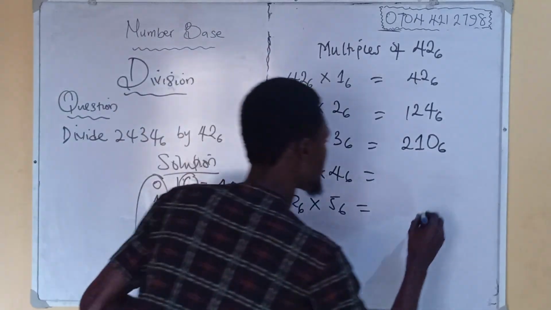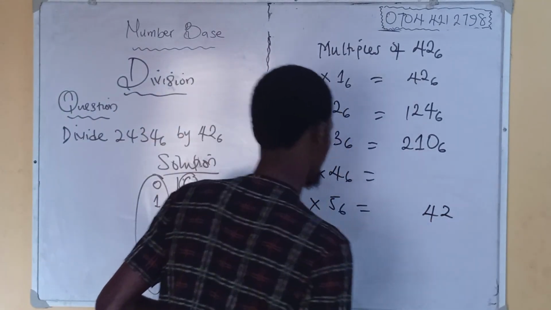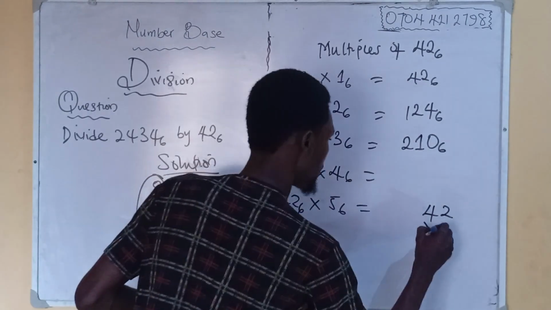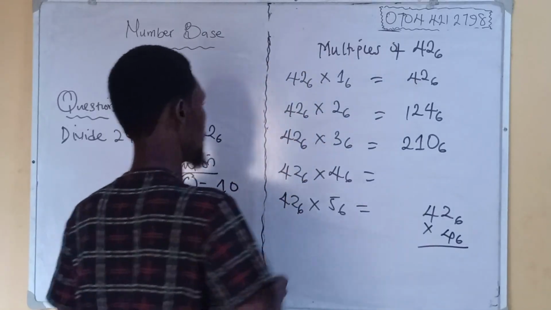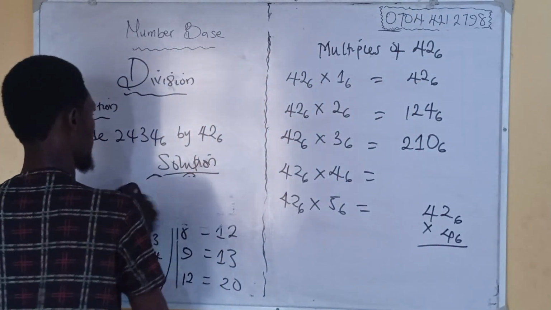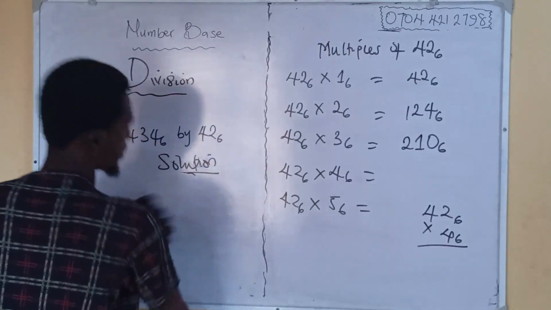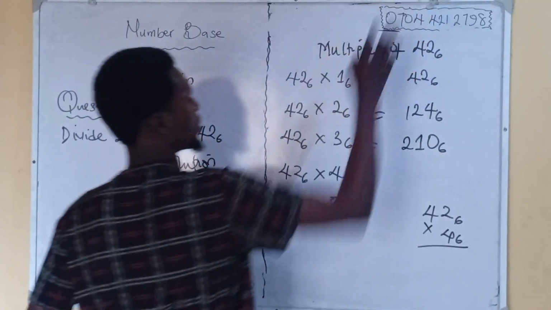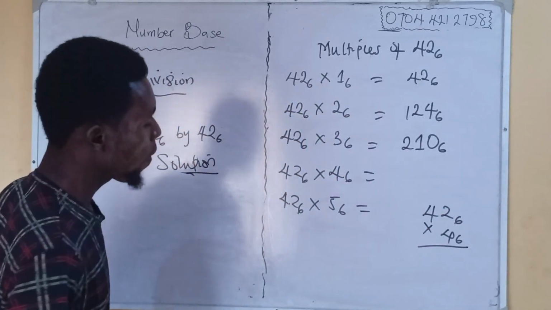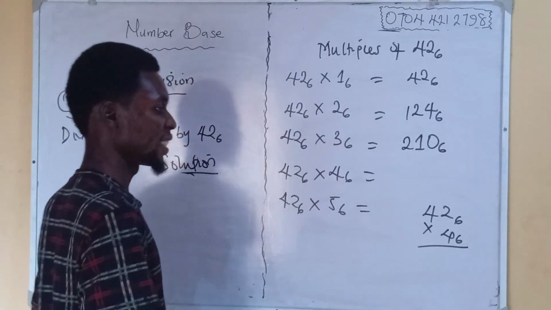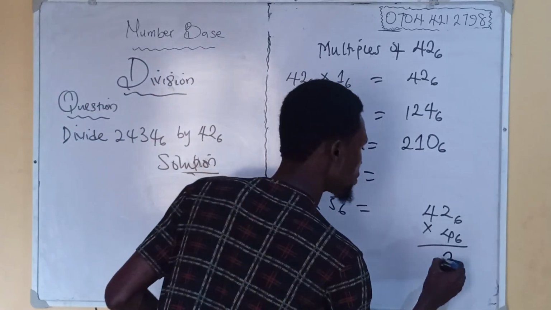So the next one, 42 base 6 times 4 base 6. We just do this one direct. Four times 2 is 8, and 8 is 12.